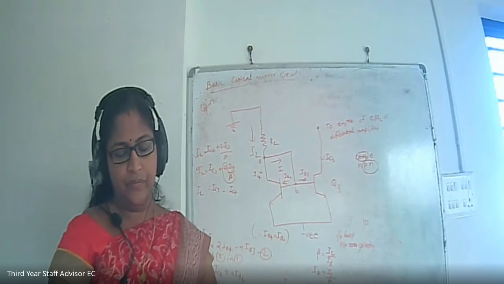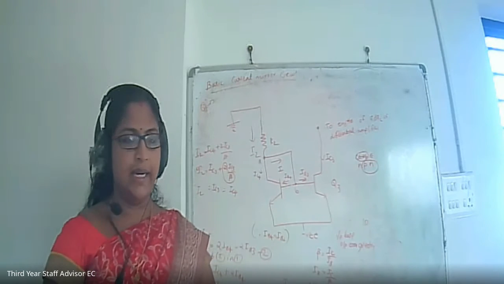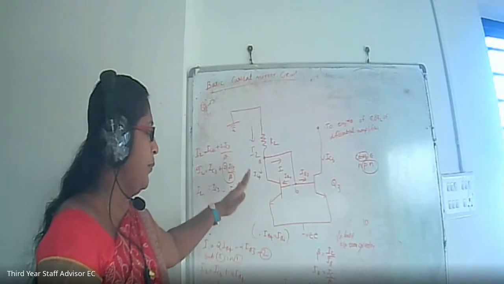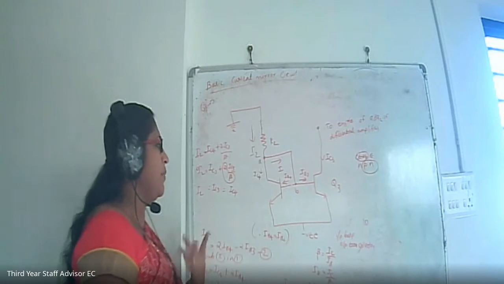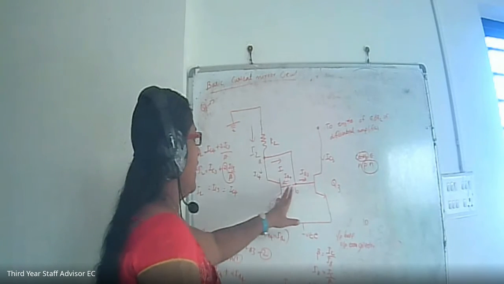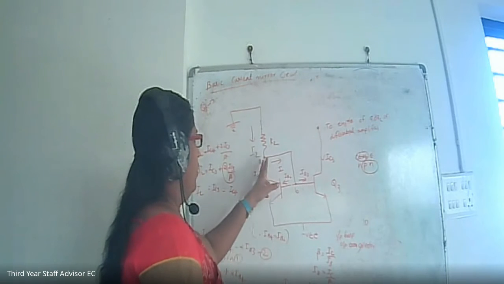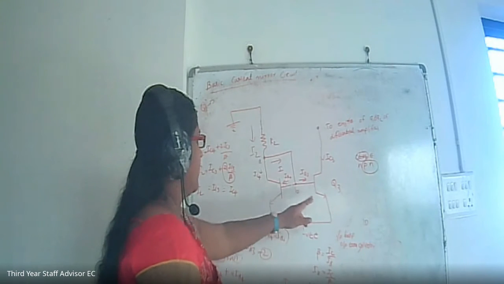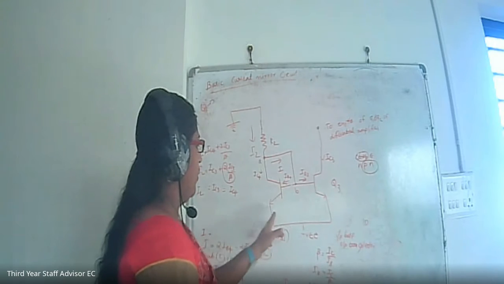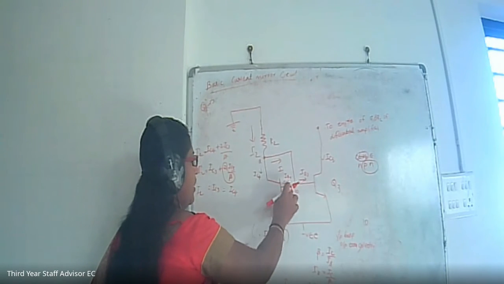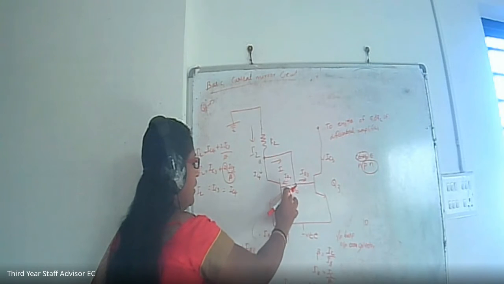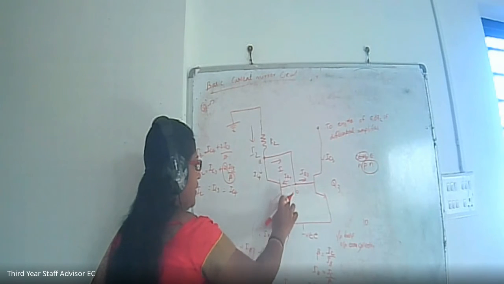So the current mirror circuit works like this. This is the proof for the current mirroring effect of this circuit. The effect takes place due to the same base voltages and same emitter voltages. These two are connected together and these two are connected together, so the same current flows here and the same base to emitter voltage will be here.